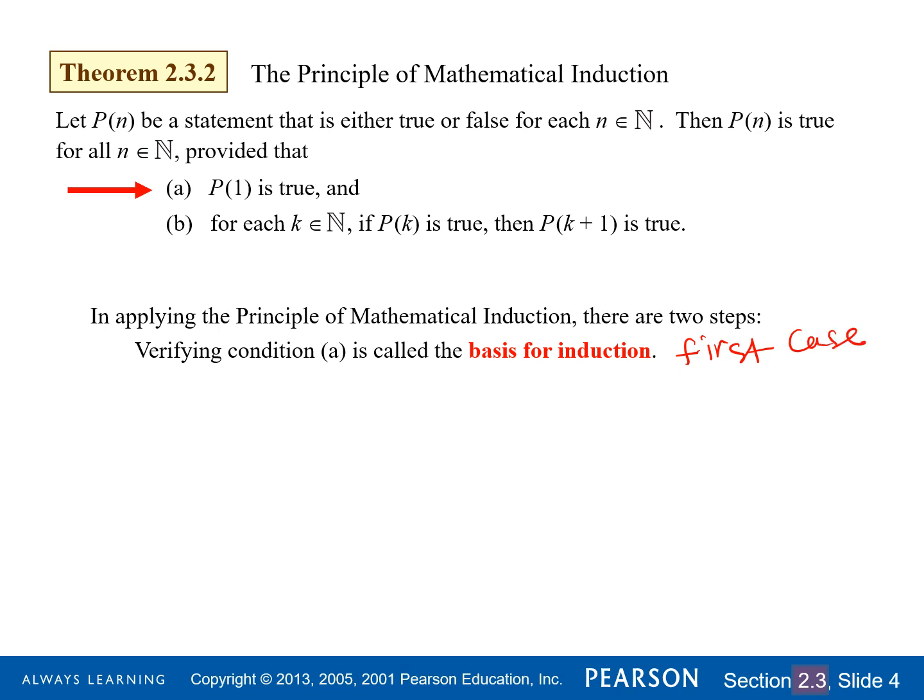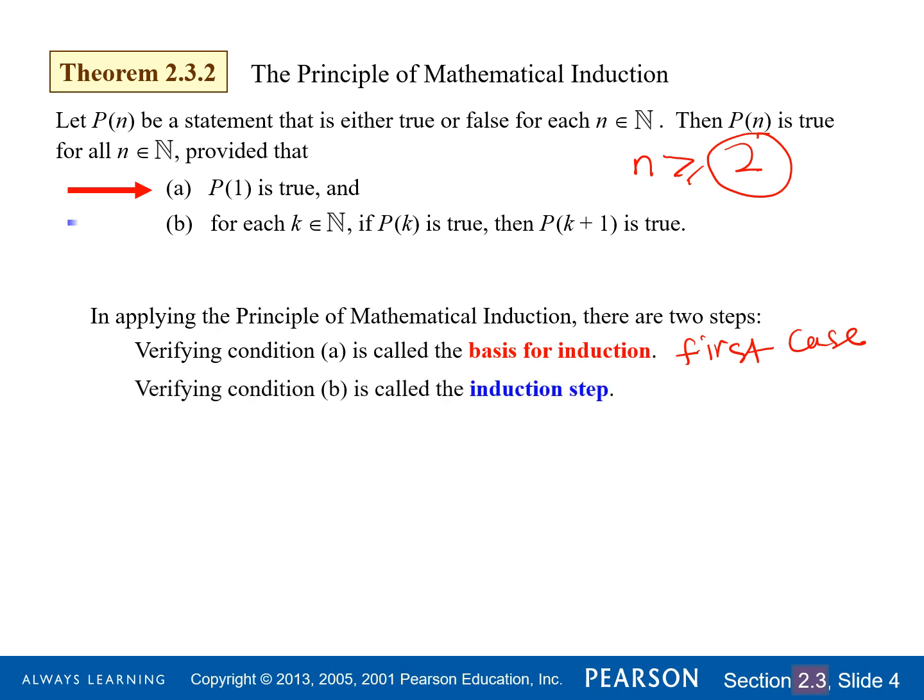If n here belongs to the naturals, that means the starting number must be 1. If, let's say, we want to check for the case of n greater than or equal to 2, what will be the first case here? The first case, or the basis case, is n equals 2. Okay, so that is the first one, the basis for induction.